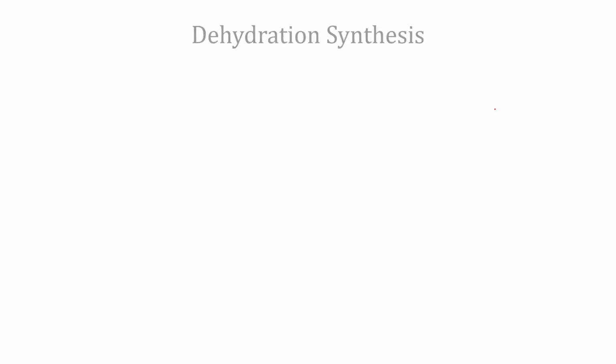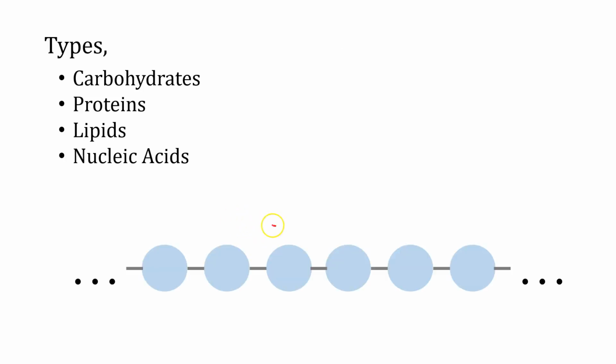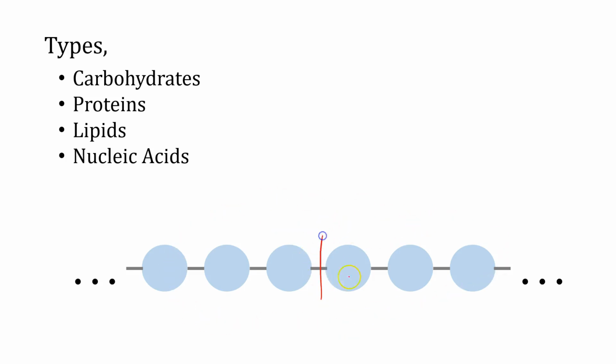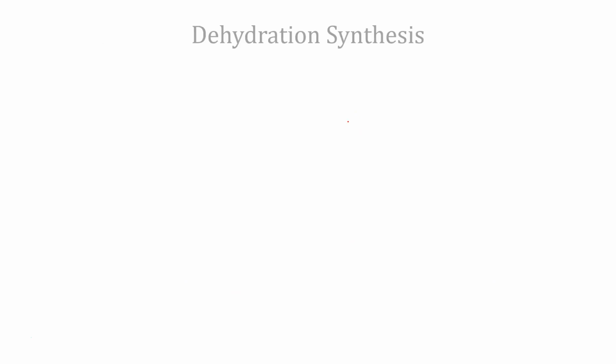So the place that we will start is going to be the process by which we can either make something a polymer, or there's another process which can break apart polymers back into the individual monomers. So you can either build up or break down a polymer, and the 2 processes that are responsible for this are dehydration synthesis and hydrolysis.